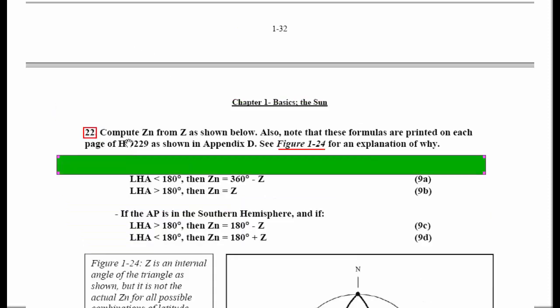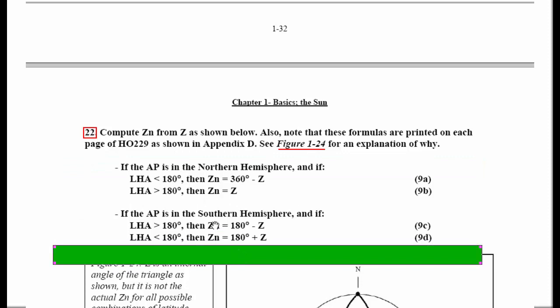The next step is to compute Zn from Z as shown below. And these are the equations for doing this. And depending on where you're located, north or south, and what the value of the LHA is, determines which of these four formulas you use.